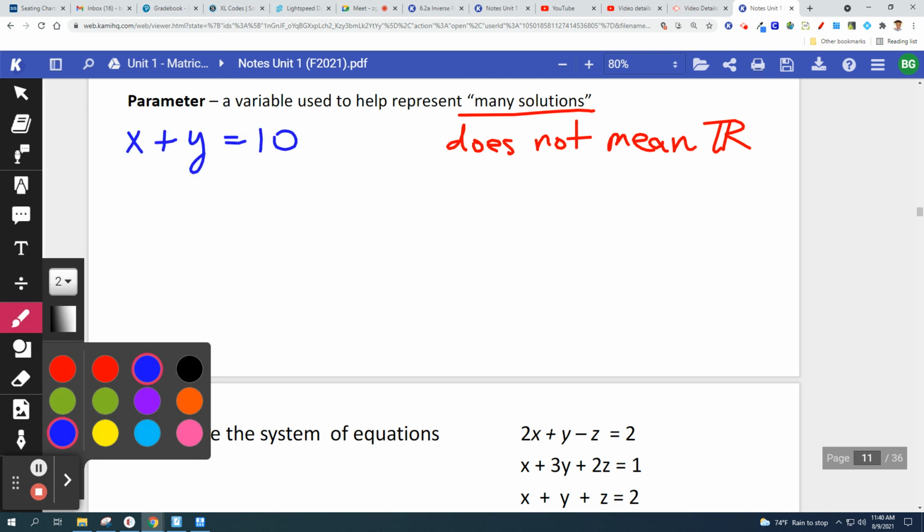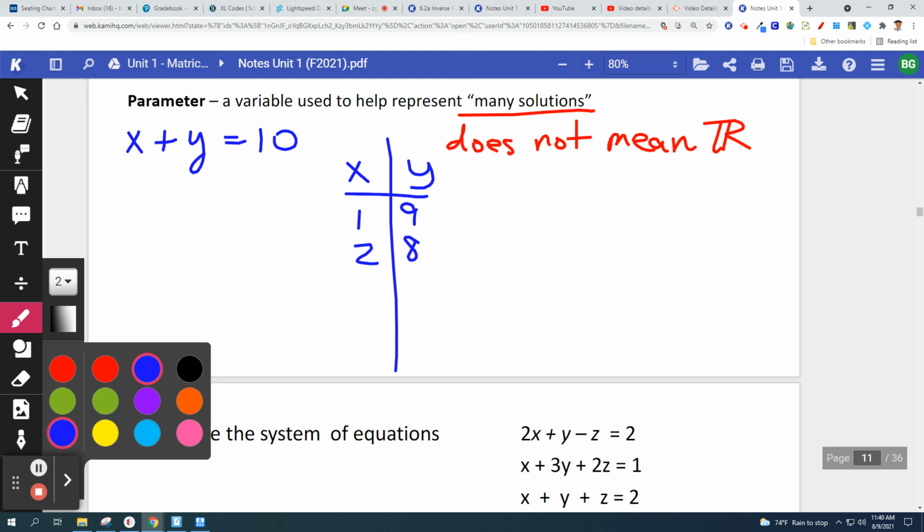Try to think about some of the solutions. We can kind of make a table and just look at it. If x was 1, in order to make this work, y must be 9, because x plus y equals 10. If x was 2, then y must be equal to 8 in order for that equation to work, right?